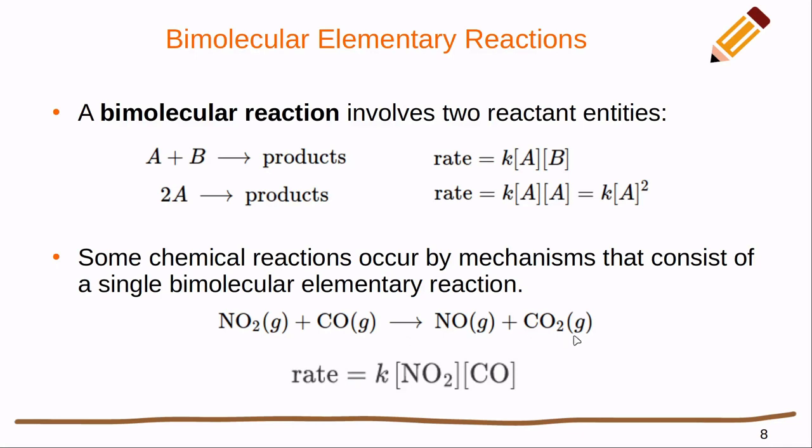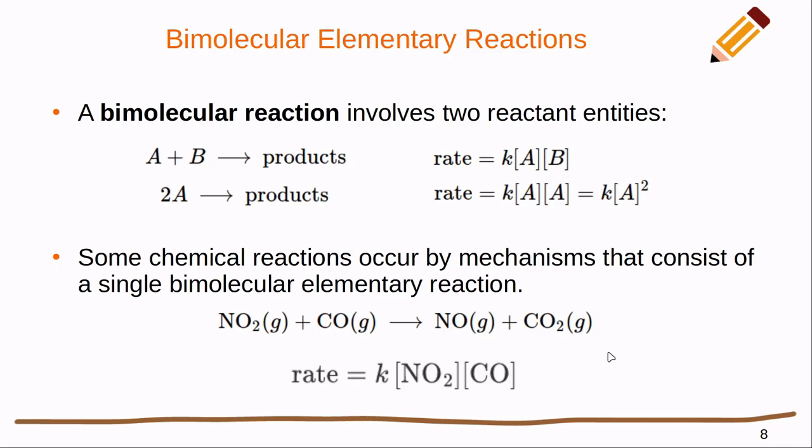Okay. In this case, again, the overall balanced chemical equation is the same as the elementary equation, in which case we can directly say that the rate is equal to k times the product of these 2 concentrations. All right. That's only because we knew that that is the case here.